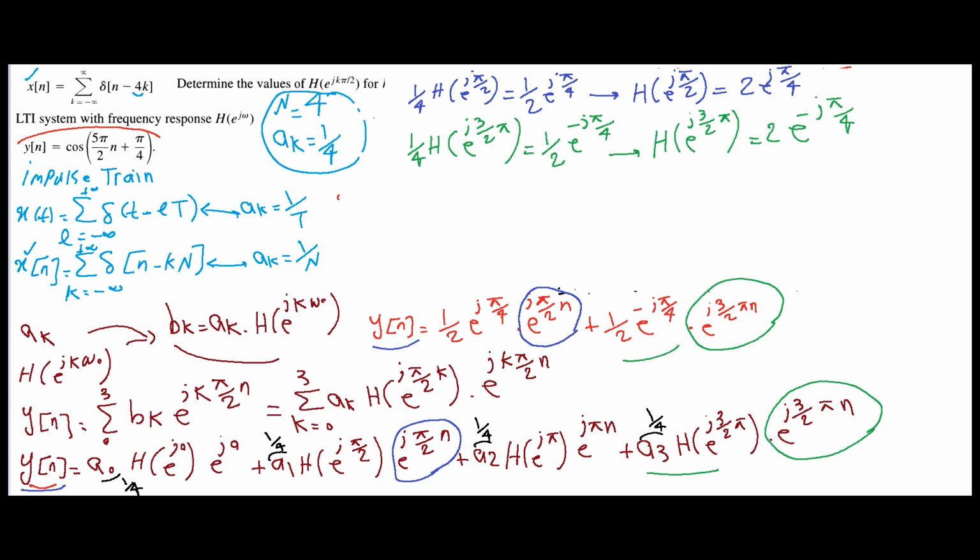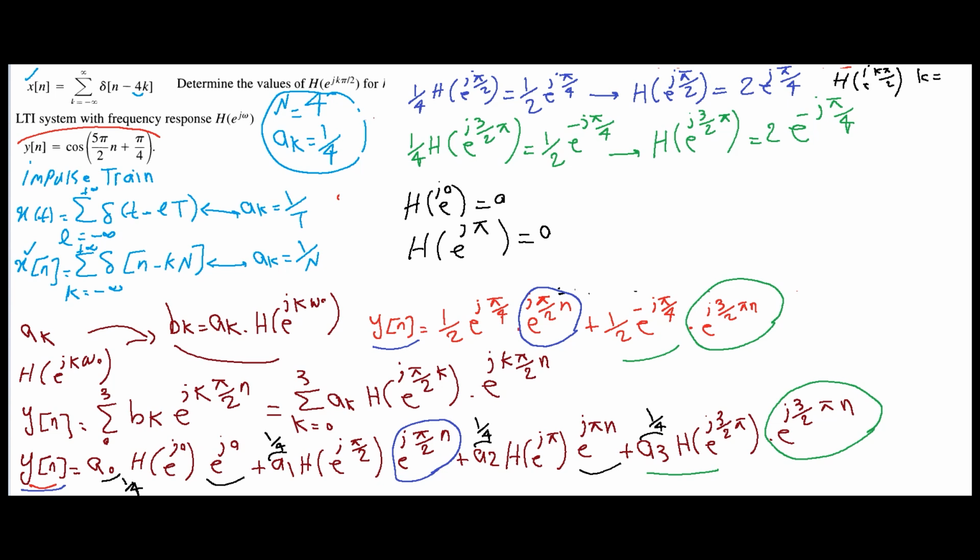Finally, observe that there are no terms corresponding to e^{j0n}. Therefore, H(e^{j0}) equals 0. And there are no terms corresponding to e^{jπn}. Therefore, H(e^{jπ}) equals 0.